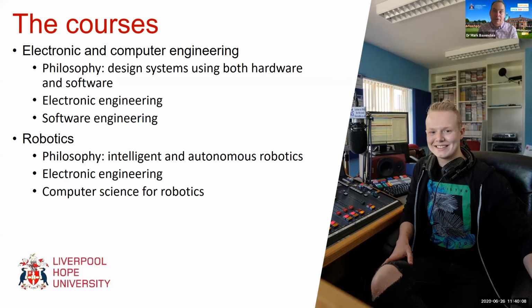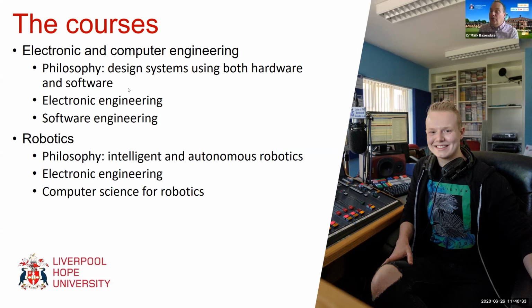You can't really be an electronic engineer these days without being able to program. And this course gives you the skill set to move between hardware and software development, or a blend, increasingly these days, of designing systems using both hardware and software, and deciding where that split is going to be between hardware and software.